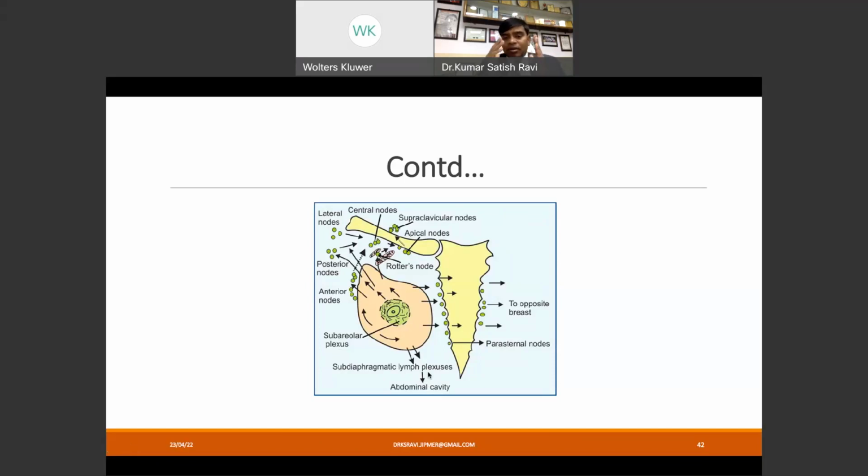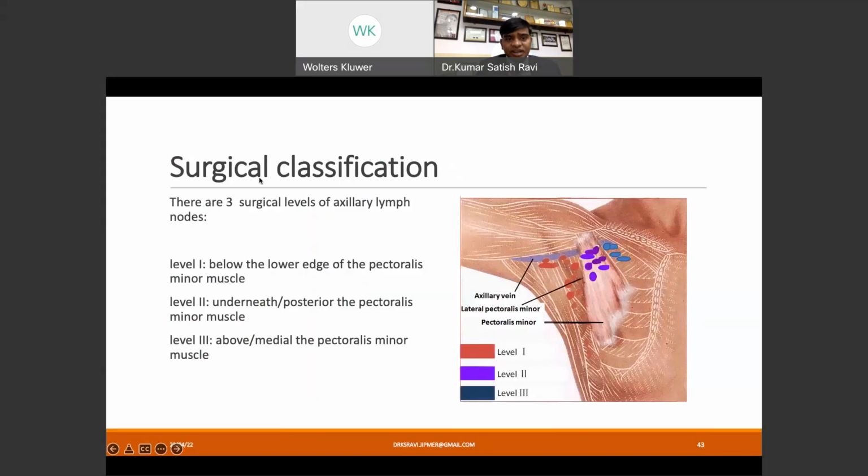But you should know the clinical classification is different, and that is important. So when we see this diagram, the surgical classification of the lymph nodes is divided into three levels: level 1, level 2, and level 3. Now, this is level 1.